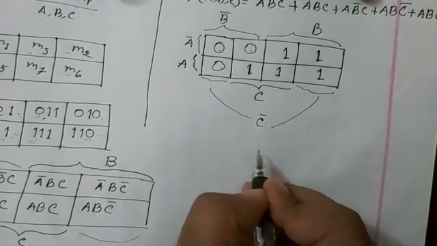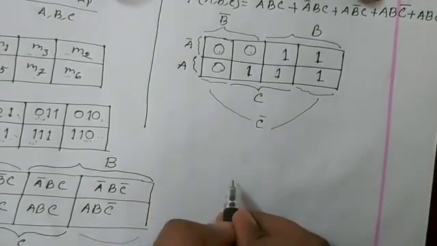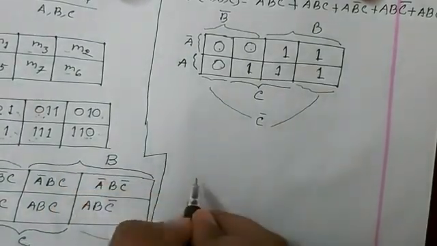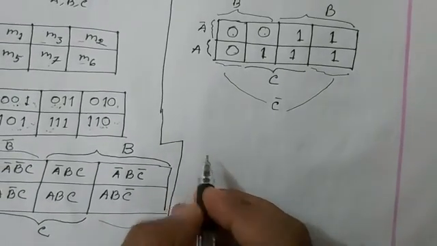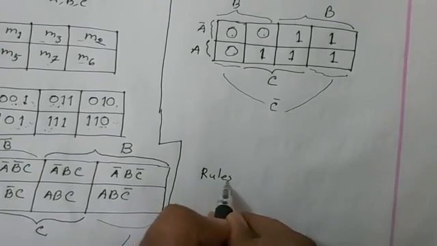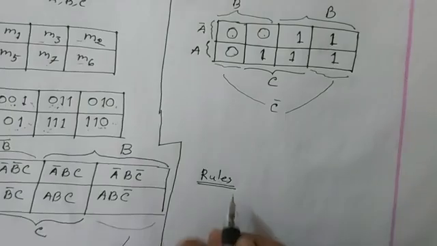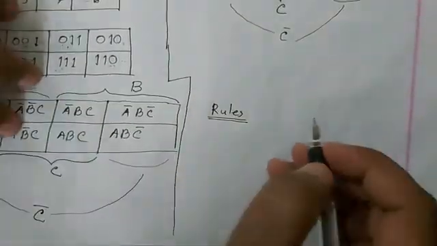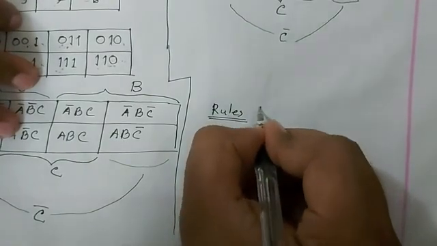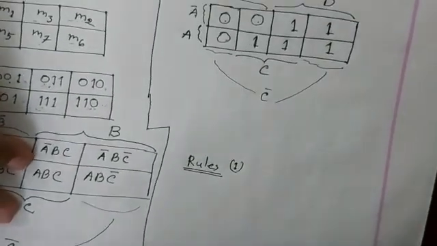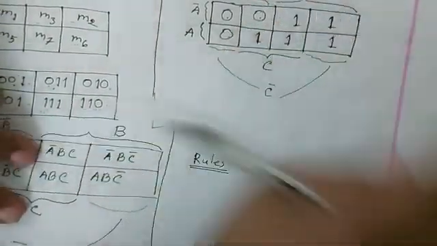So let's write down some rules here that we have to follow. Rule number one is that we have to create some groups of adjacent ones.